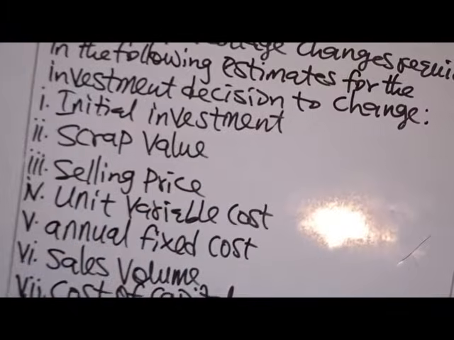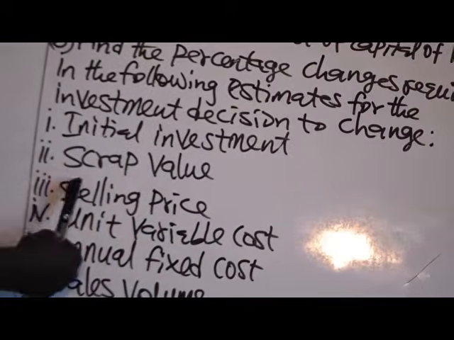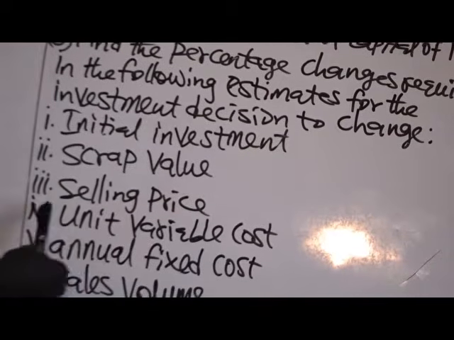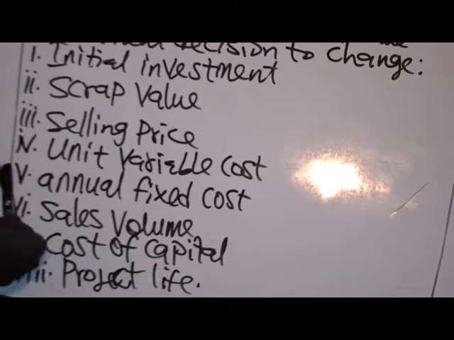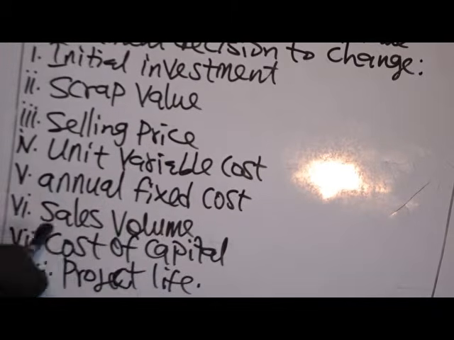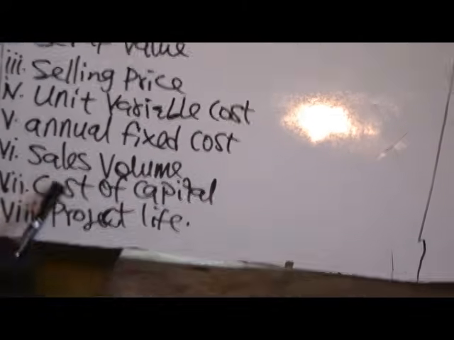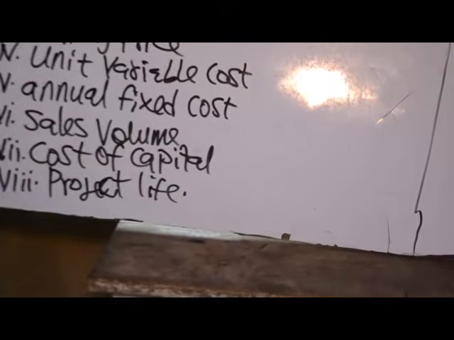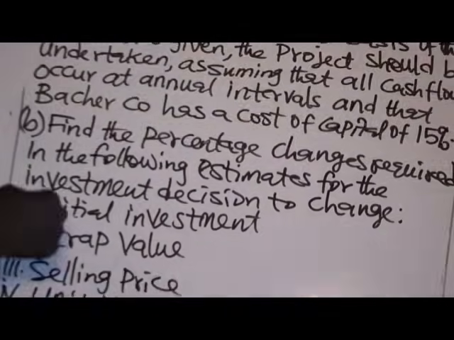Initial investment. 2. Scrap value. 3. Selling price. 4. Unit variable cost. 5. Annual fixed cost. 6. Sales volume. 7. Cost of capital. 8. Project life. That is the question.